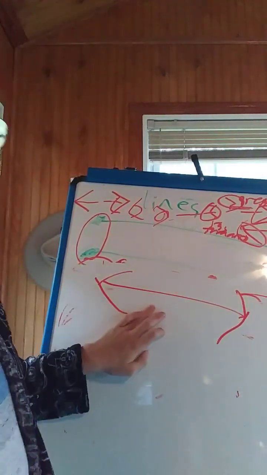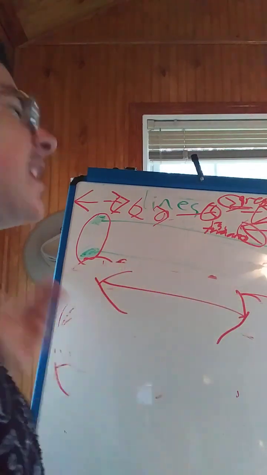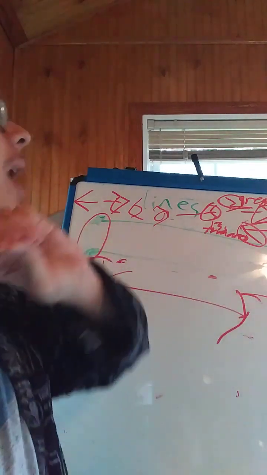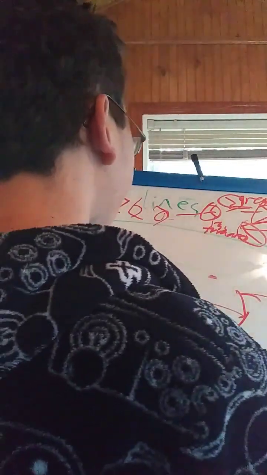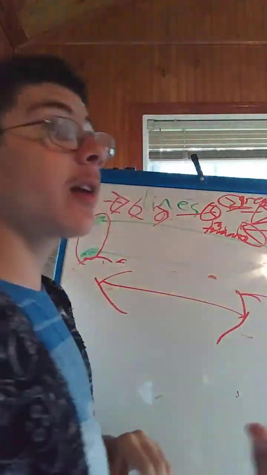Looking at this, we have arrows on both sides of the line. That means that it is in the middle of a huge, long line. Okay? So this is not a line segment.